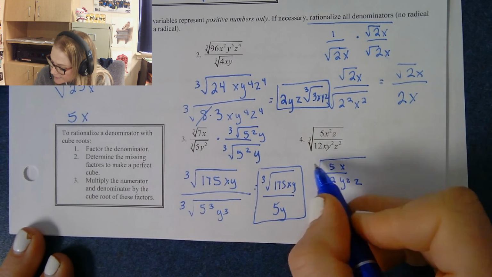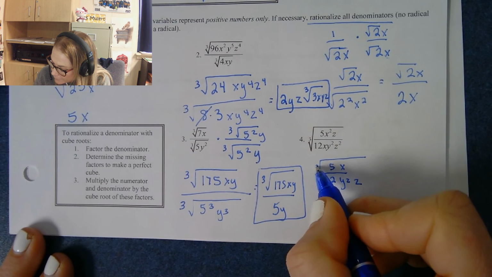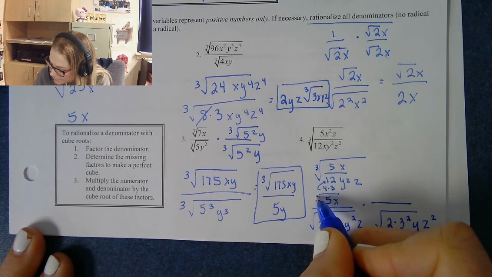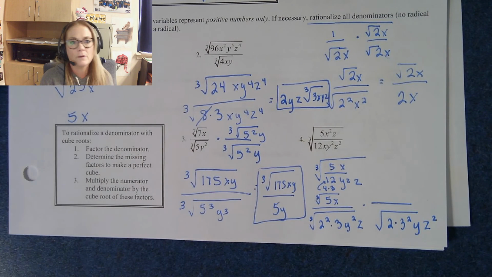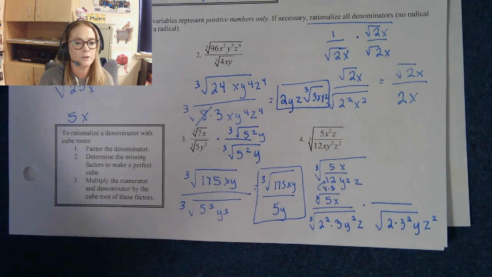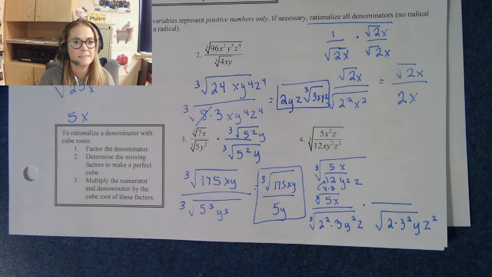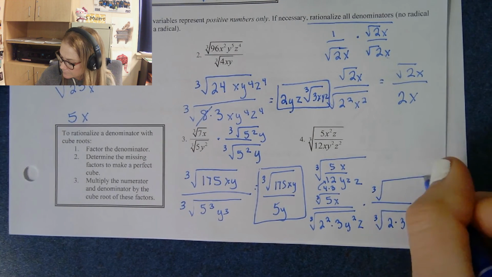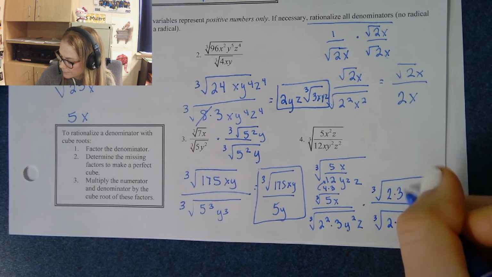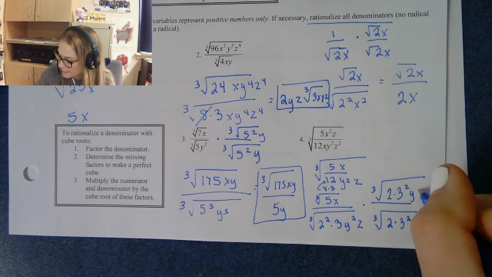Sorry, I should have brought this down. That's a 3, that's a 3, and that's a 3. I want powers of 3 there so that when I take the cubed root of a power of 3, I'll just get the base. So this is what I'm going to multiply over itself, and that's a cubed root of 2, 3 squared, y, z squared.